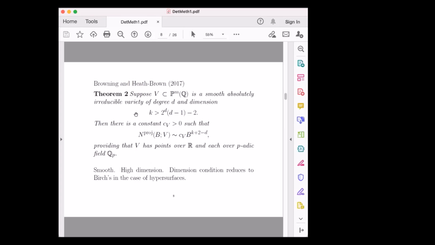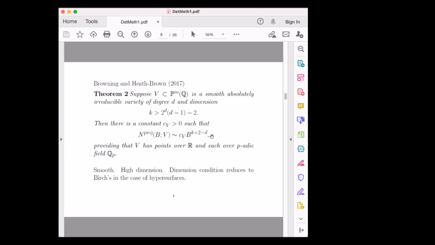Now, you might be surprised that the condition here is different from the one we had before, and the exponent is different from what we had before, but that's merely because you have to add and subtract 1 when you go from projective dimensions to number of variables. So in fact, the condition here translates exactly to the Birch condition.